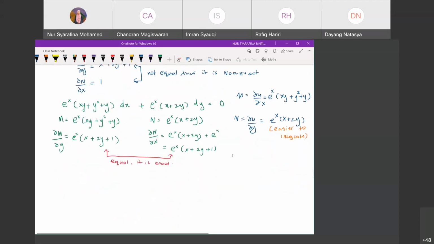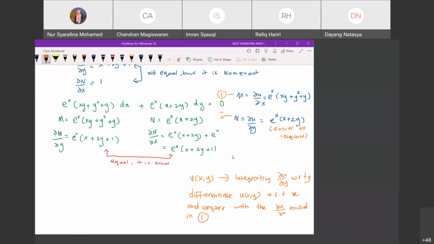Then what you need to do, you can obtain u(x,y) from integrating del u del y with respect to y, and then differentiate the u(x,y) that you obtain with respect to x, and compare with the del u del x existed in the first equation. This is first, this is second, okay.